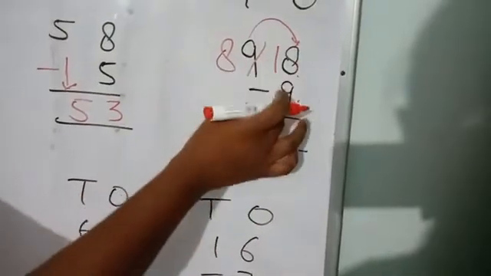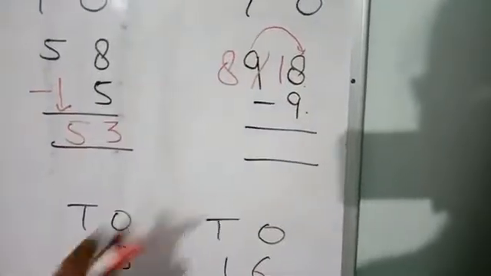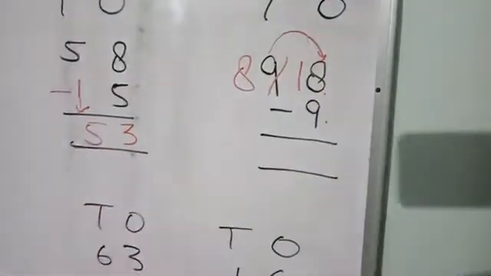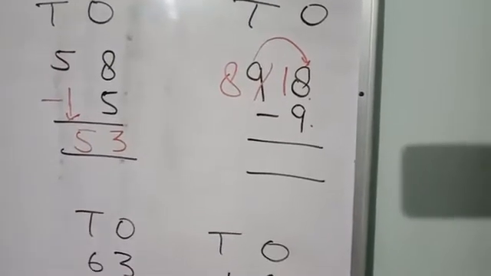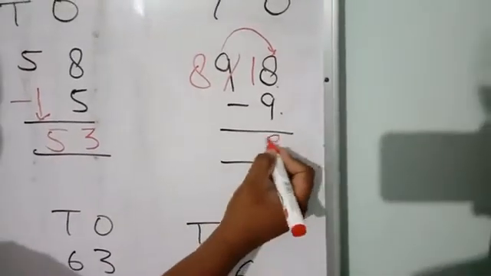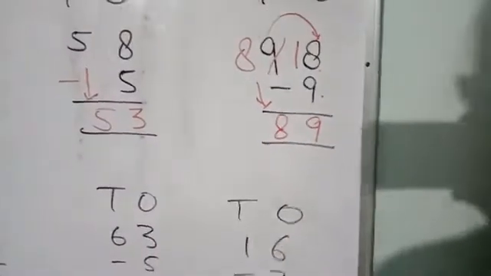So 18 minus 9, now we are able to subtract. 18 minus 9, what will we get? 9. Then 8 we will write here as it is.